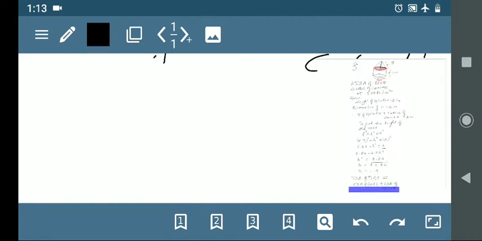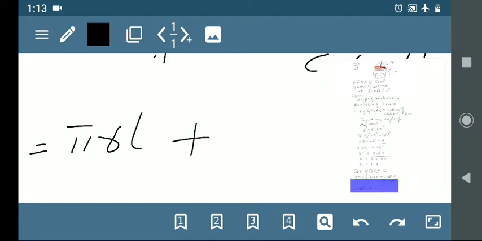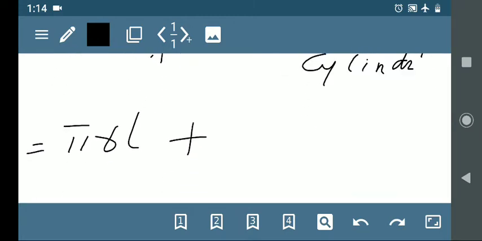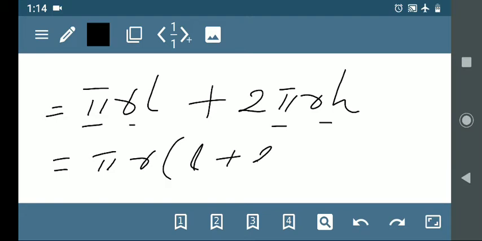Pi r L. CSA of a cylinder is 2 pi r h. So what is common between these two? Pi is common, r is common, L plus 2h. Whose height? Height of cylinder.